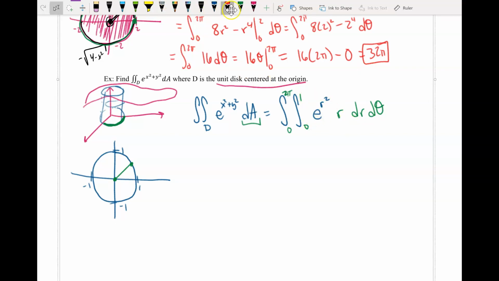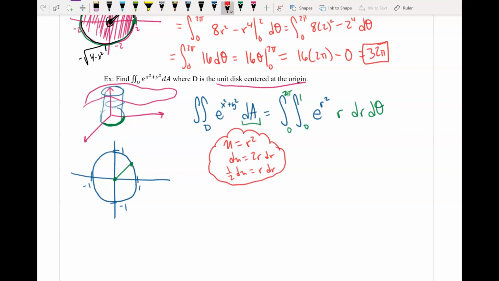So I'm going to let u be r squared, and du is going to be 2r dr. So we have 1/2 du equals r dr. And we're just going to substitute these in here. So we're going to have the integral from 0 to 2 pi, the integral from 0 to 1. I'm going to write r here to let you know that this is an integral with respect to r.